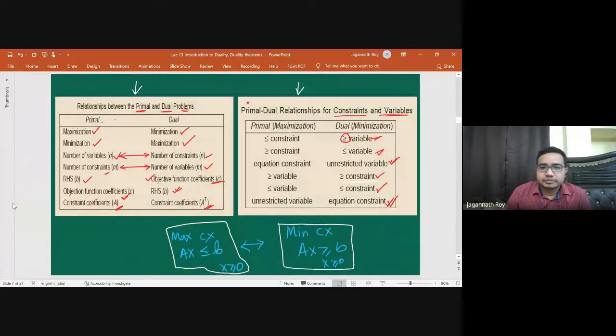If the primal is a minimization and the dual is a maximization, then these relations and conditions will change.